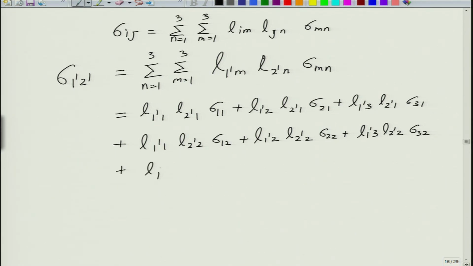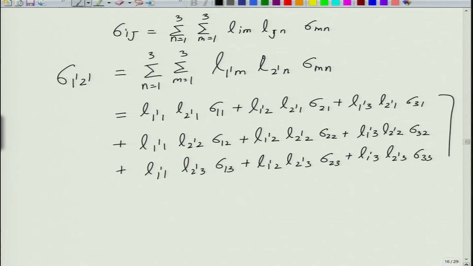This will remain 1 prime 1, this becomes 2 prime 3, sigma 1 3. This will remain 1 prime 2, 2 prime 3, sigma 2 3, and this will remain L 1 prime 3, L 2 prime 3, and this will become sigma 3 3. So this is the new stress tensor.